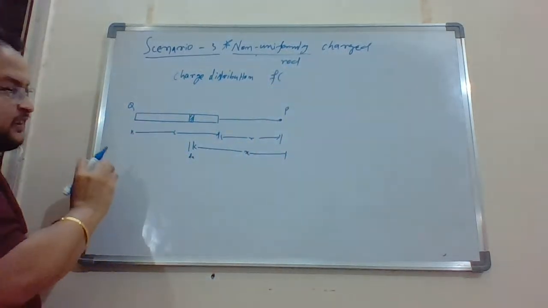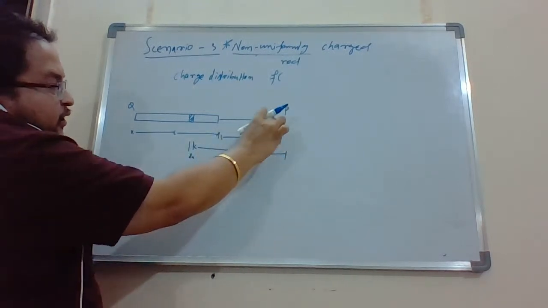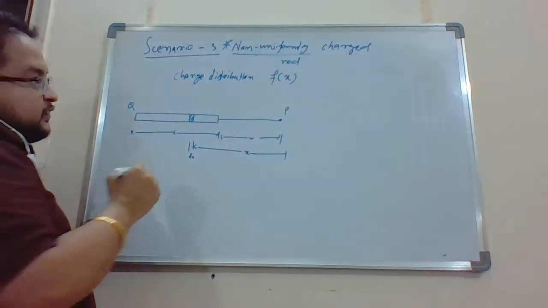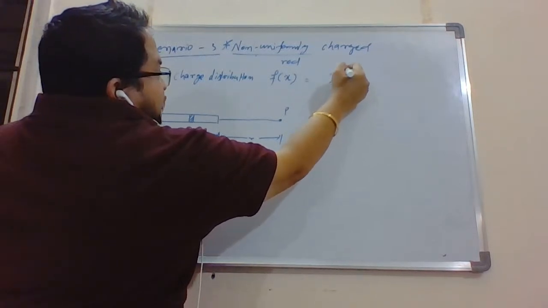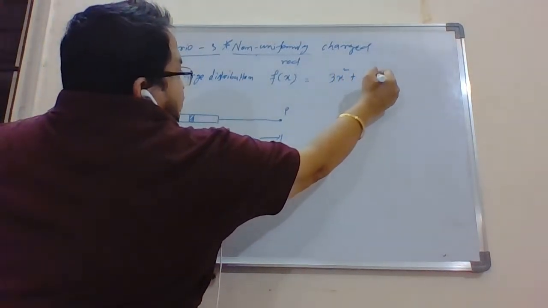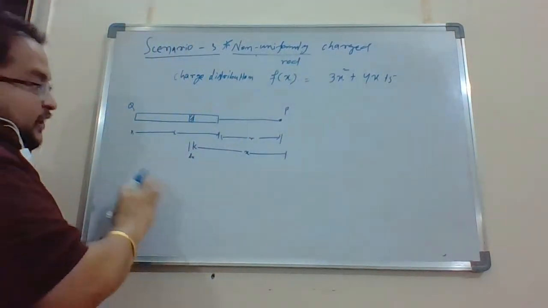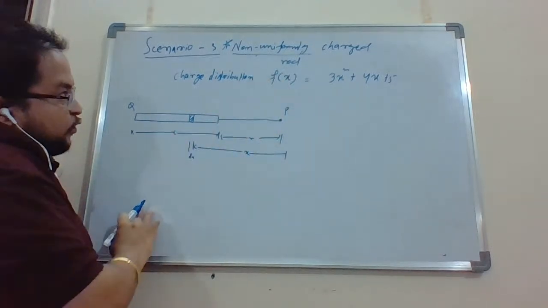Suppose it is given as a function of length, or distance from this point P. If it is given as a function f(x), which is, suppose, 3x squared plus 4x plus 5, then we can apply our previous points to this and find it out.